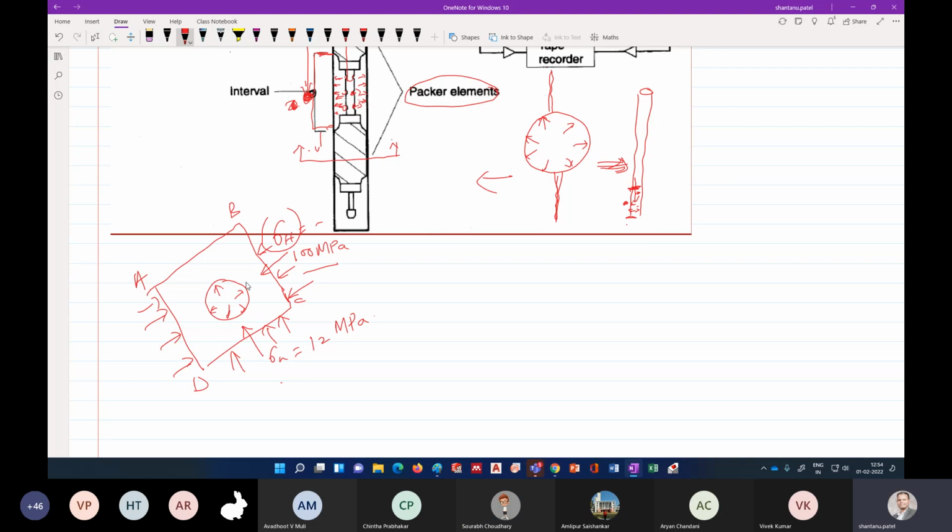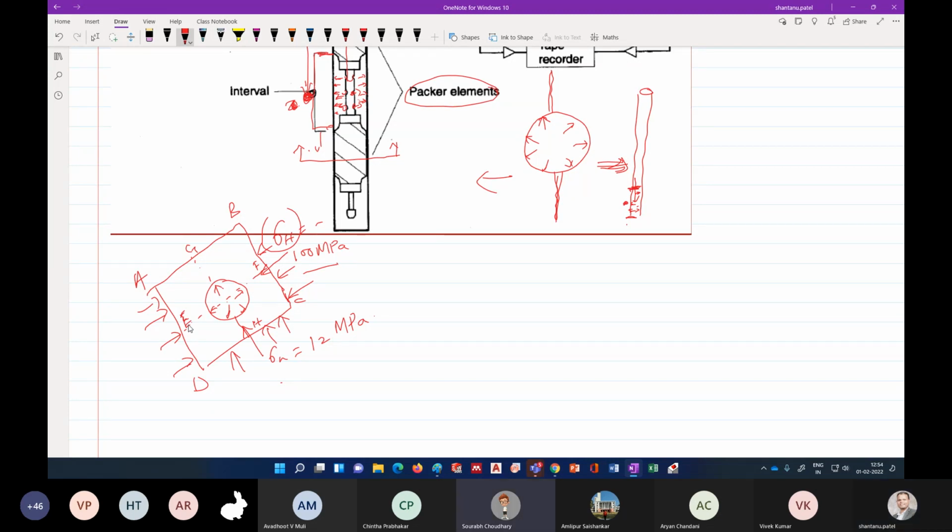Let's say we have another two points E and F, and G and H, where the maximum stress is. In which line will the crack open, EF or GH? EF.